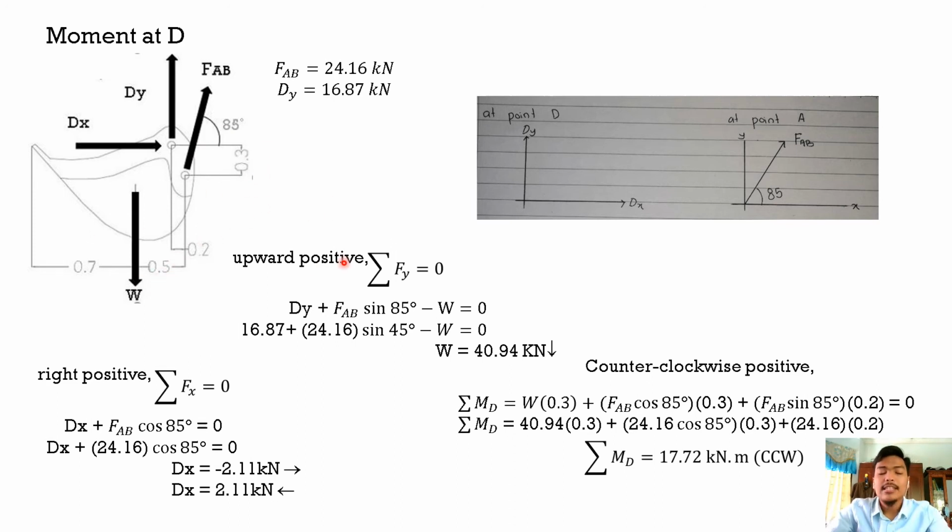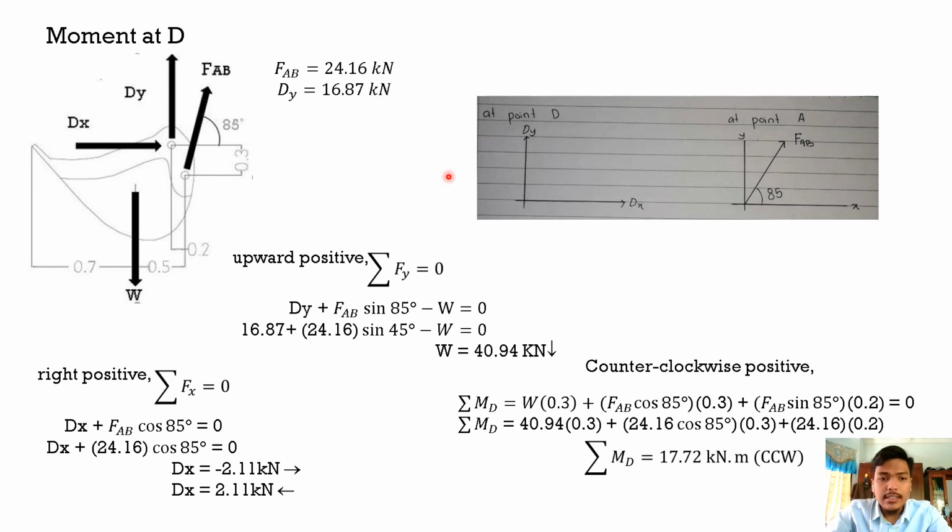To do the analysis, we need to plan our strategy for how to solve the moment at D here, so that we can know which direction the bucket will be going, clockwise or anti-clockwise.